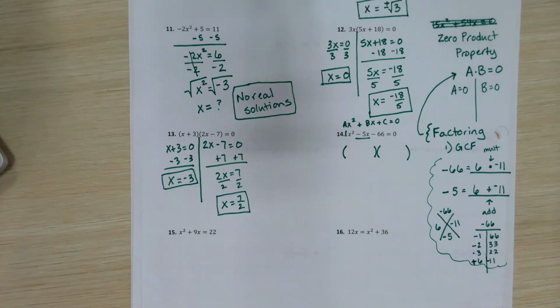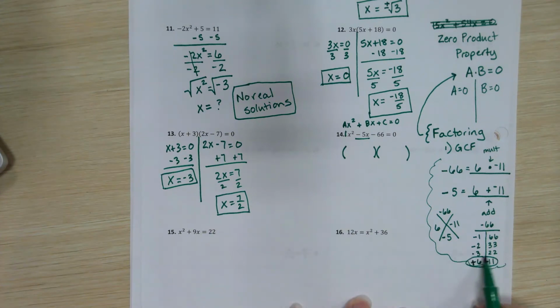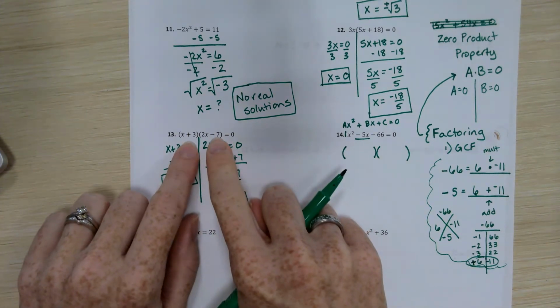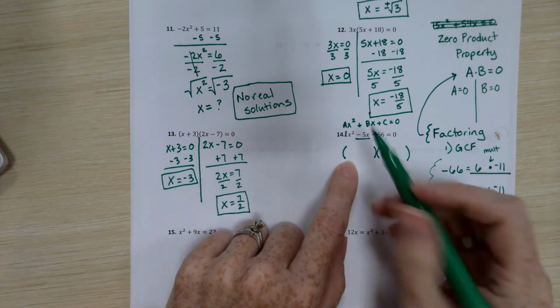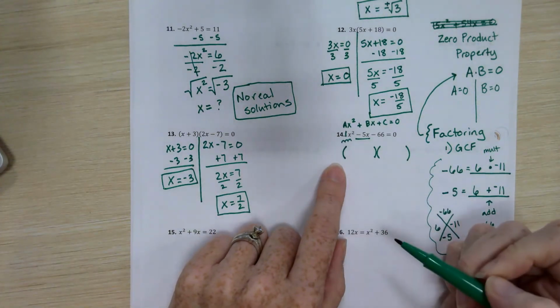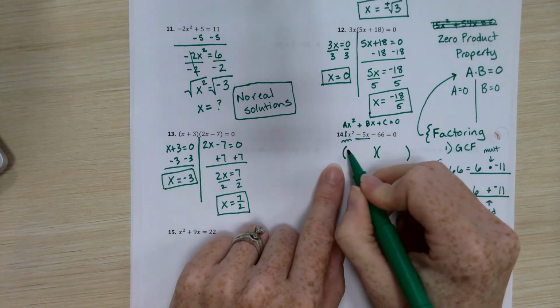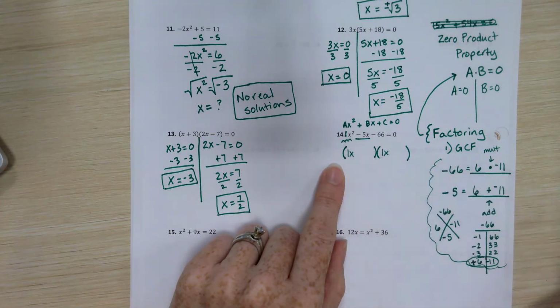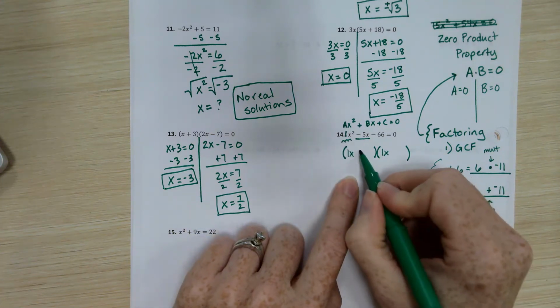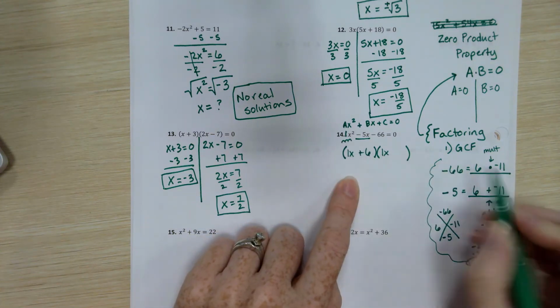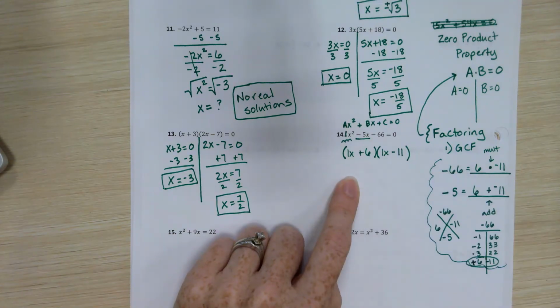And so what that means is we've found the values that are going to live inside these binomial parentheses. The first part of the parentheses is going to come from this 1x squared term. So we're going to put a 1x in both of these slots from 1x squared. And then our +6 and -11 are going to take up the other two slots.